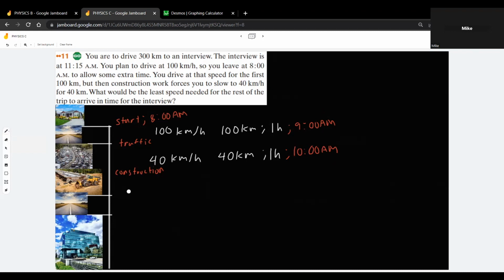So 95. Teka, so you leave at 8 a.m. And then you, so 100 kilometer mark. So this is 1 hour.